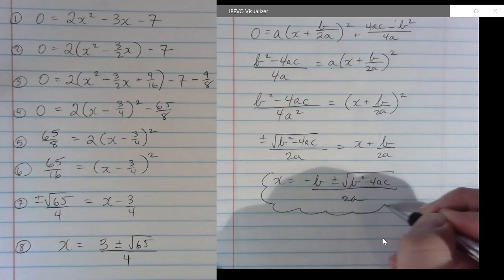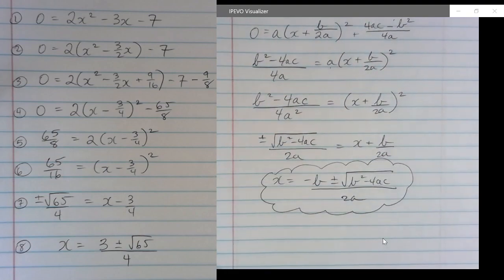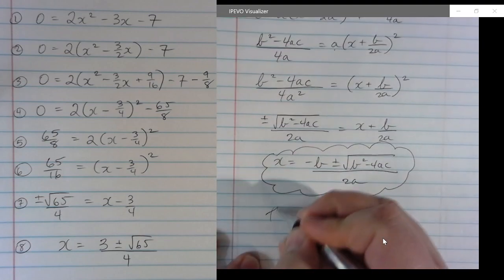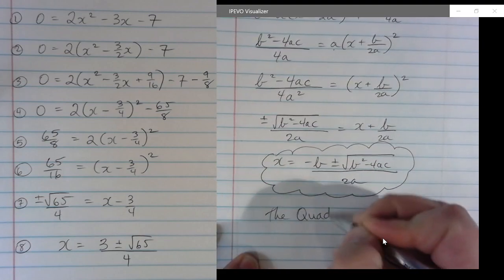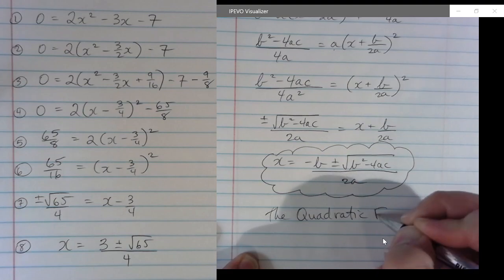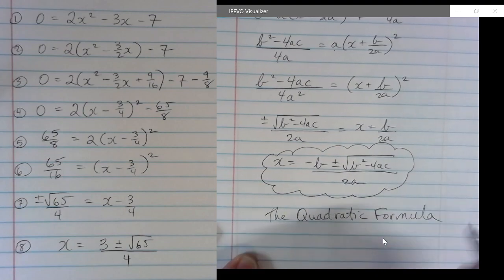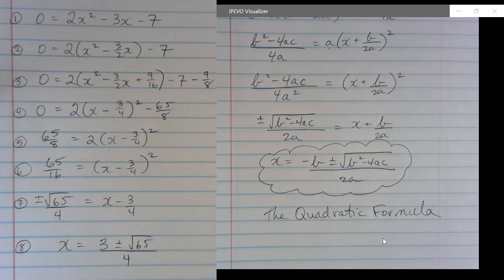And that is what mathematicians call the quadratic formula. And we can use this formula to solve for the x-intercepts or the roots or the solutions or the zeros for any quadratic equation that we want to, whether it factors or not.